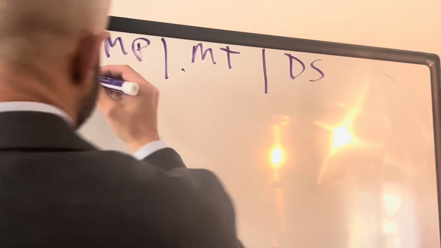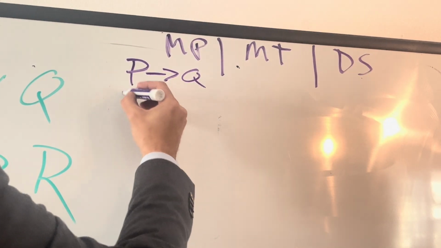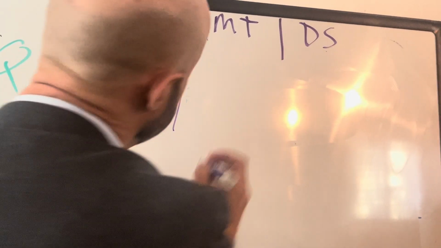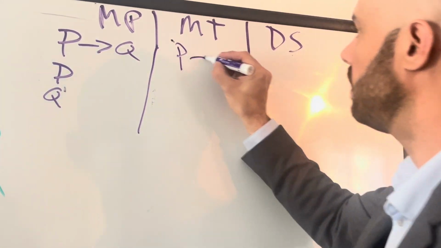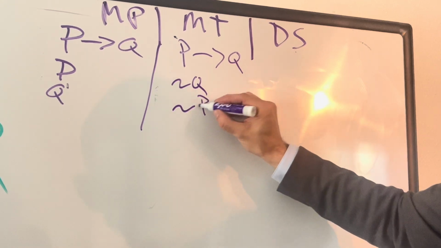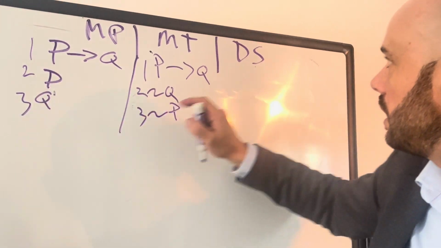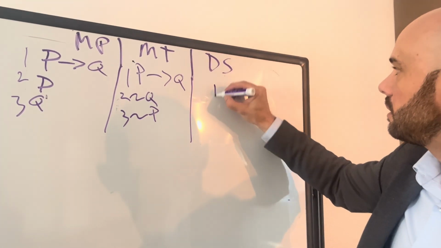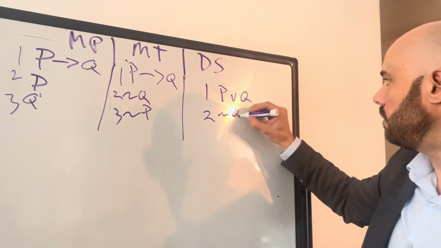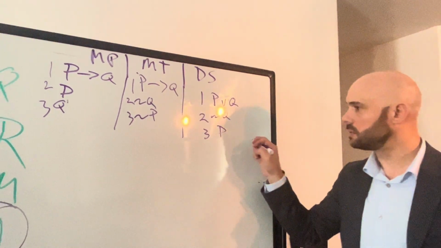The modus ponens states: if P, then Q; P; therefore Q. The modus tollens states: if P, then Q; not Q; therefore not P. And disjunctive syllogism states: P or Q; not Q; therefore P. These are the rules we're using.